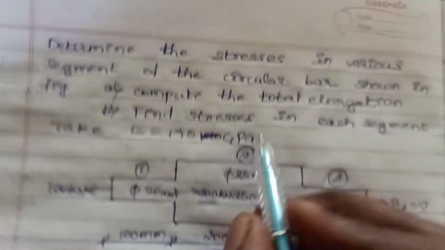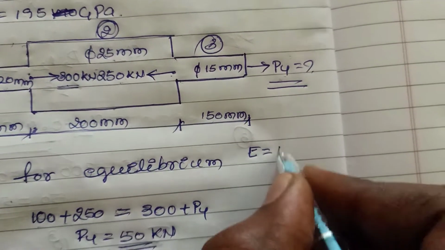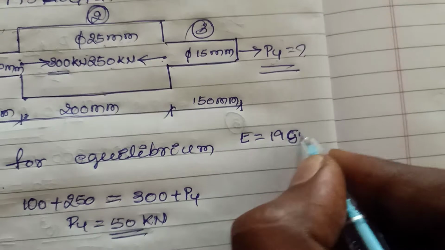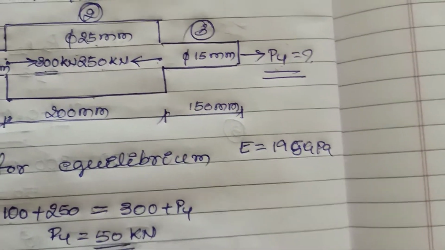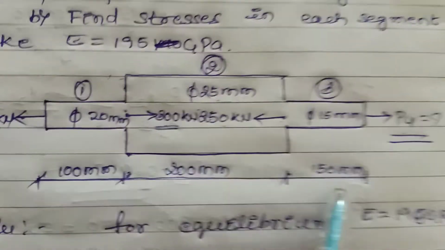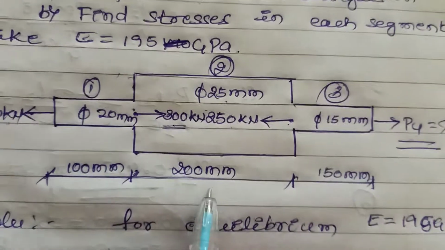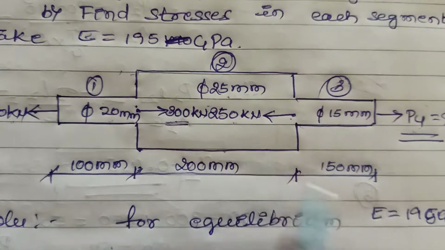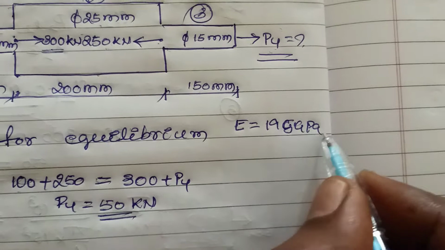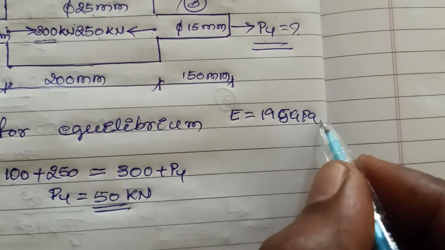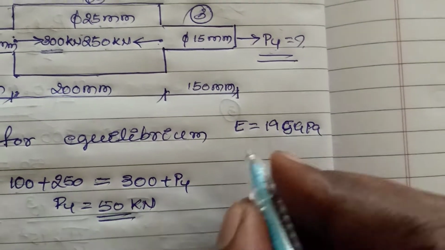Again, Young's modulus E is given here as 195 gigapascal. Each and every dimension, length and diameter, is in mm, so we have to convert this gigapascal into Newton per mm square.